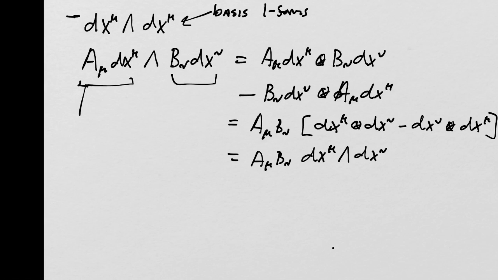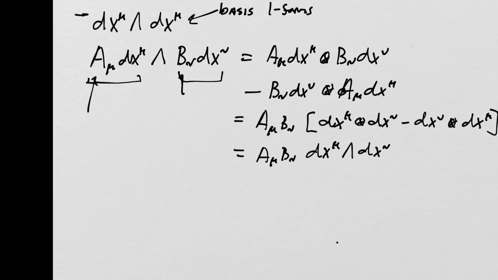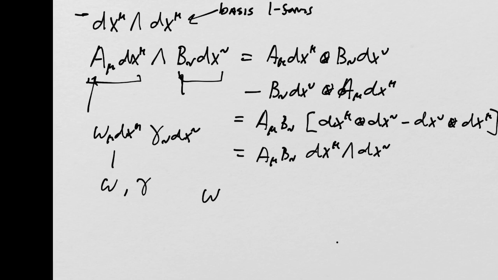That if you have scalar multiplication inside these one-forms, so now say I have two one-forms, omega and gamma. Meaning I could substitute omega mu dx mu and gamma nu dx nu if I wanted to, but I'm just going to leave it as omega and gamma. So if I wrote omega wedge product gamma, that makes perfect sense, because omega and gamma are one forms.